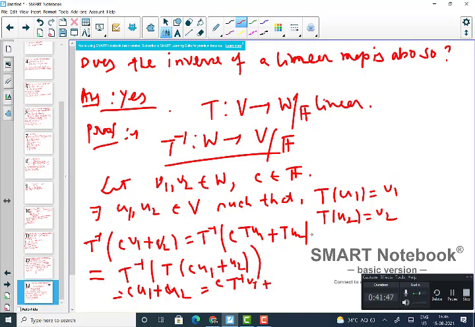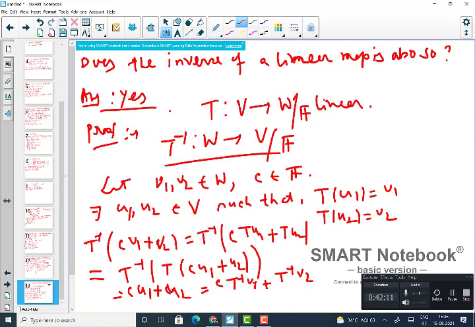Similarly, U2 is nothing but T inverse of V2. Done. So that tells you that T inverse of C V1 plus V2 is nothing but C times T inverse of V1 plus T inverse of V2. So that proves that for linear maps, if the inverse exists, then the inverse is also a linear map. Okay, so this is a very simple observation.